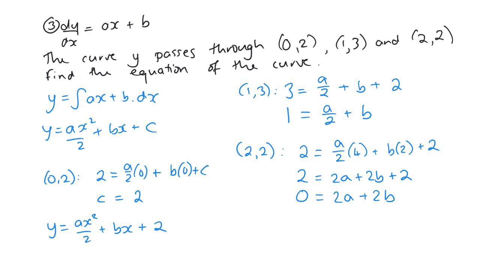Now we've got simultaneous equations, so it's up to you how you solve these equations. I said, well, that means that 2a has to equal minus 2b, so a equals minus b, and I'm going to substitute that in to our top equation.